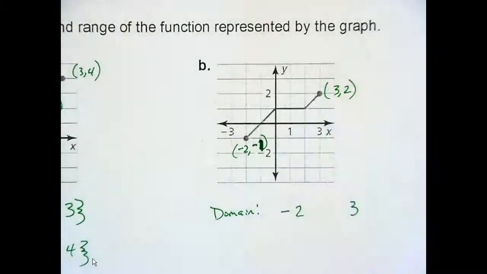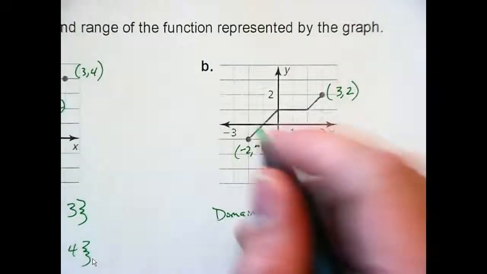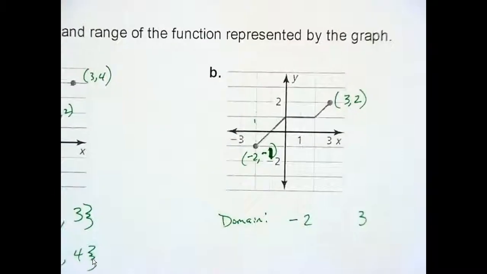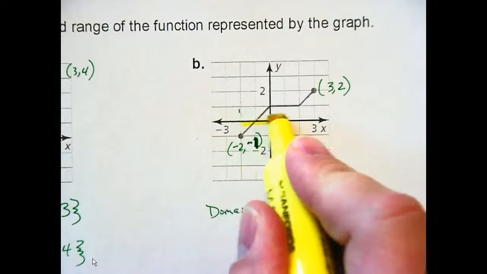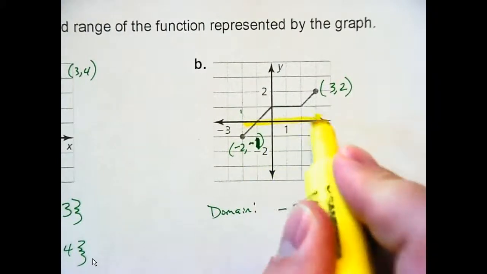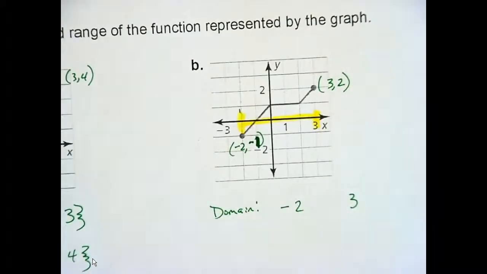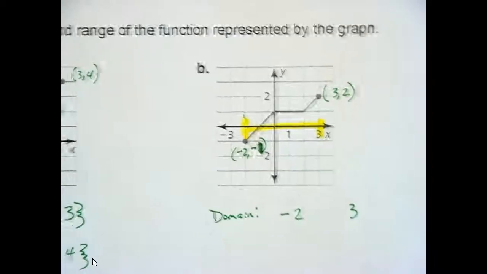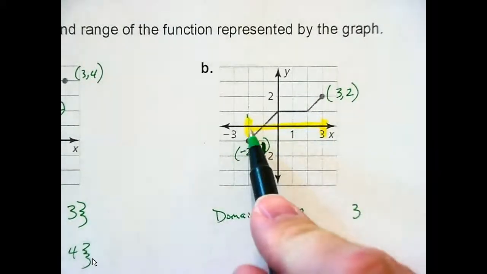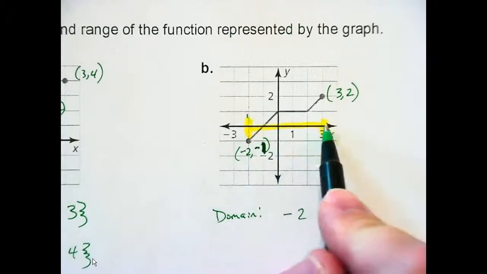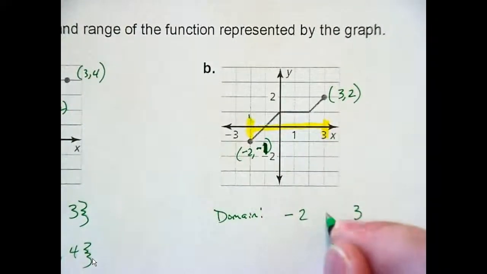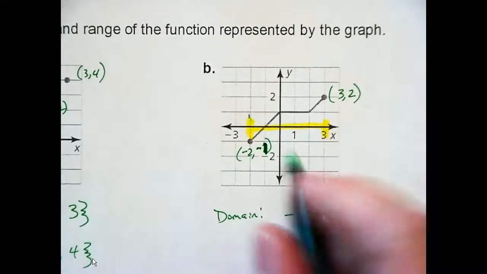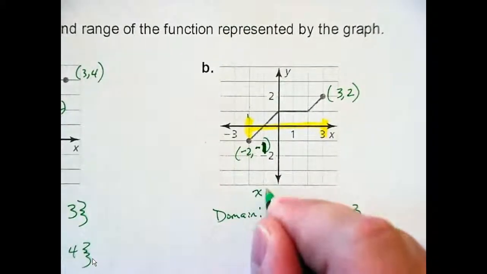Yep. Well, it represents all values from, like, on the x-axis. When I say -2 to 3, I'm representing all these values right here. But I have to write an inequality to state that. So how could I write an inequality to say I want anything this way and anything this way on the x-axis? Good. I want all values that are greater than -2.